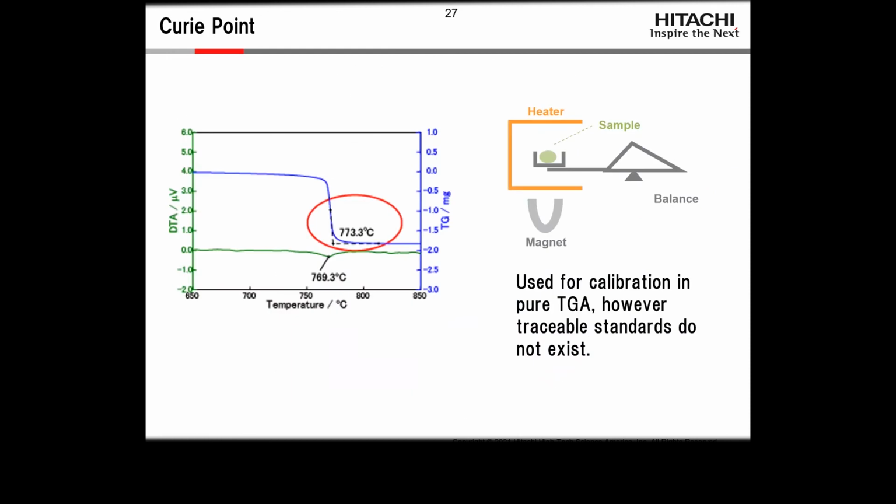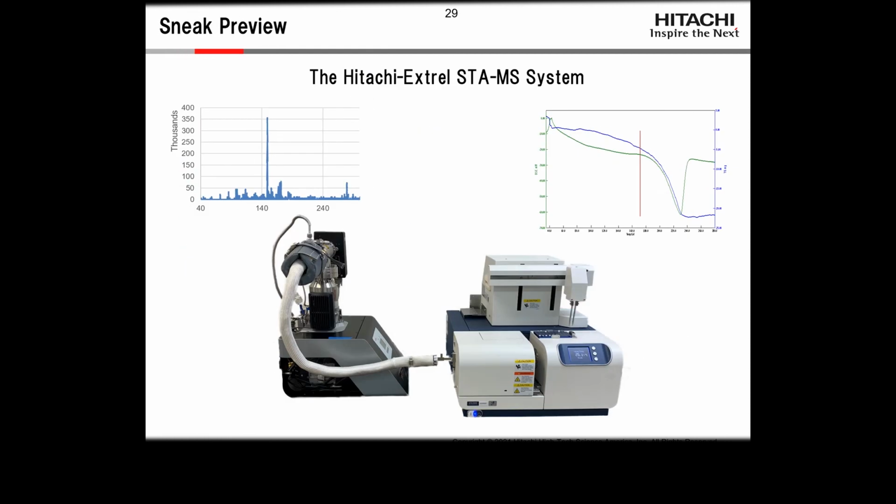Sneak preview. One way to improve your accuracy even more is to hook a mass spec up to the back of it. This is an example of our NEXT STA hooked to an Extrel mass spec, and that allows us to look at the weight loss from this.